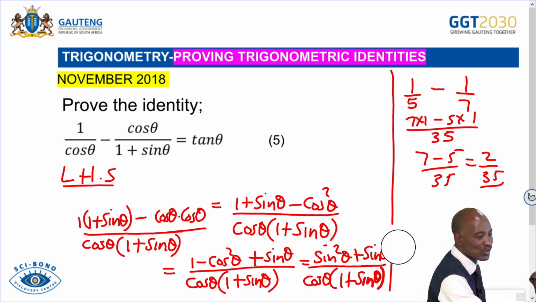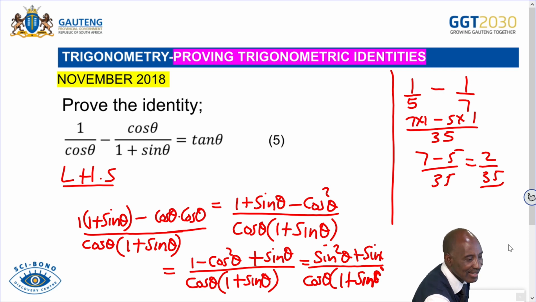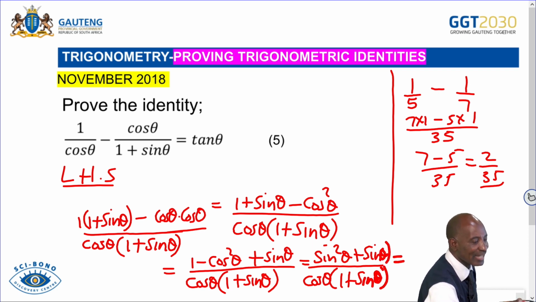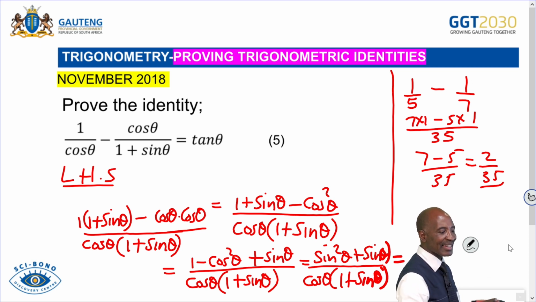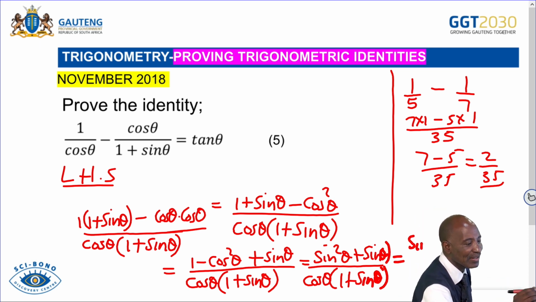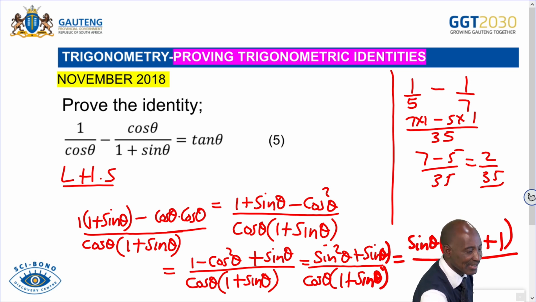Then this will further simplify. When you look at the numerator, there is a common factor there, which is sine theta. When you factor it out, you remain with sine theta plus 1 in the bracket, divided by cos theta times 1 plus sine theta.